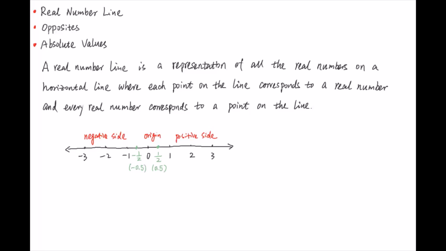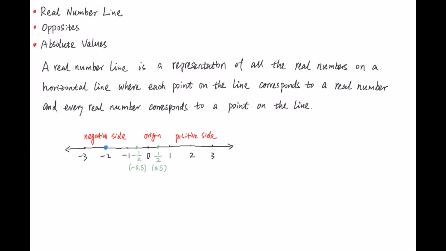On a number line, the point paired with the number is called the graph of the number. And the number paired with a point is called the coordinate of the point. So for example, this point is called the graph of the number -2.